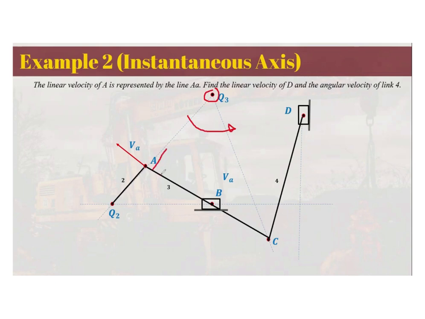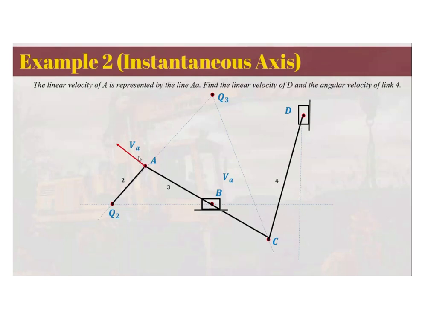So in this region here, the angular velocity will just be the same. That is why the angular velocity of A is equal to the angular velocity of B, the angular velocity of C, and all other points in this particular region wherein they are rotating about the same instant center or instantaneous axis, which is Q3.